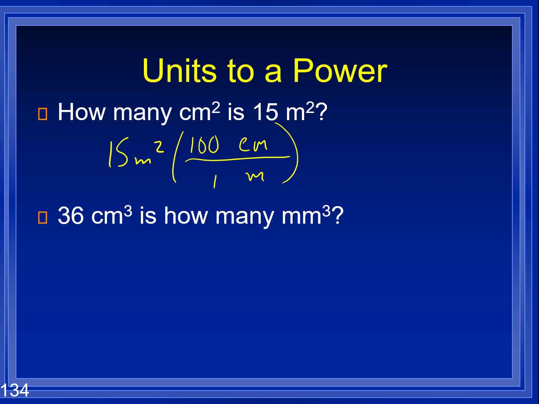But that doesn't cancel out unless I square. And then the meter squared will cancel out. So I'm going to push 15 times 100 squared. And you get 150,000 centimeters squared.